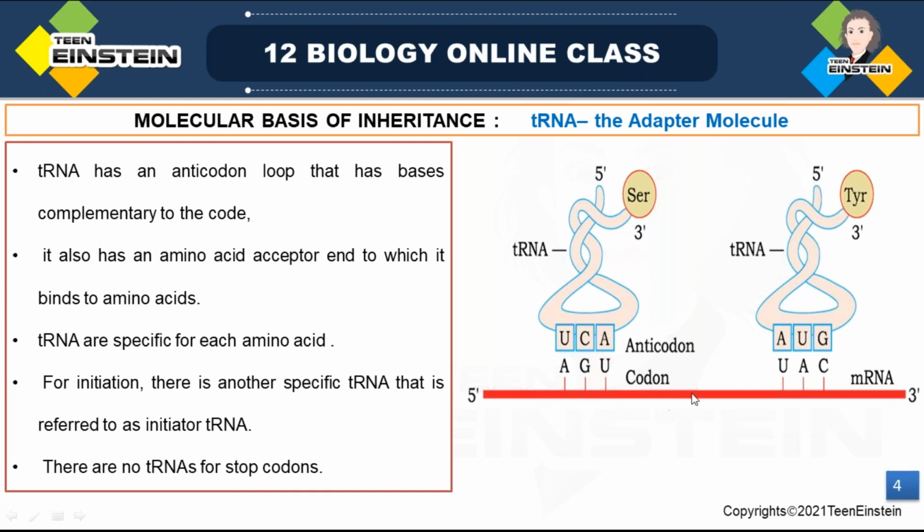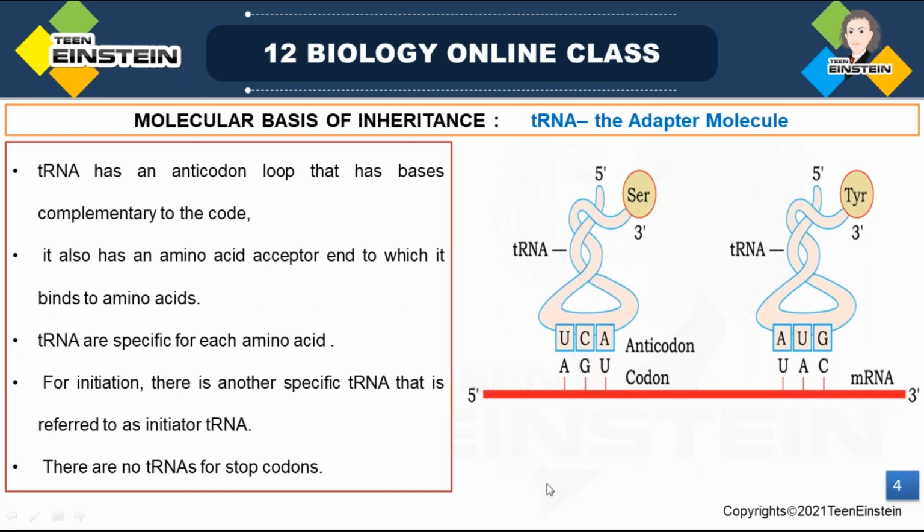Like this, many codons are there on this mRNA, but for explaining we select only this part. Don't get confused that there will be only one codon in one mRNA. Here, the marked codon is AGU.